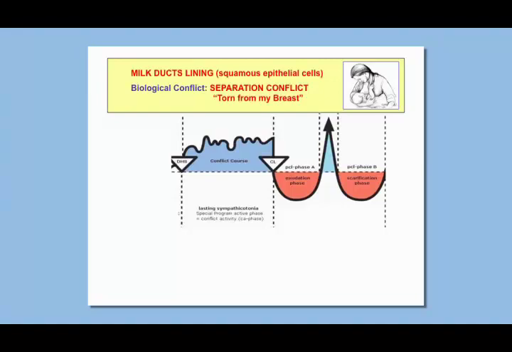In this case, if that happens in nature, a female is not worried about an offspring. There was a separation from the offspring because the baby, the offspring, is lost or had been killed. If this is the case, the lining of the milk ducts instantly starts to ulcerate, causing tissue loss.